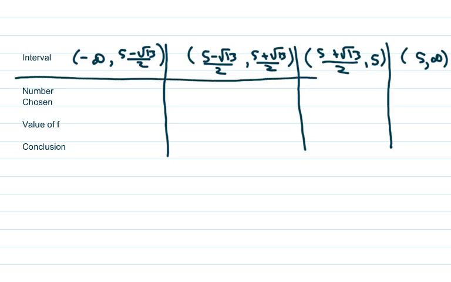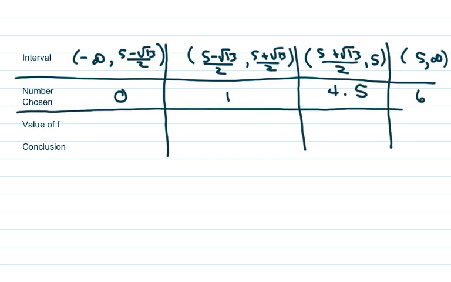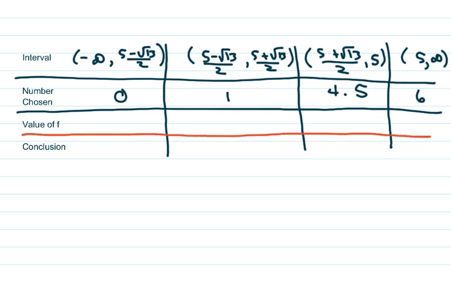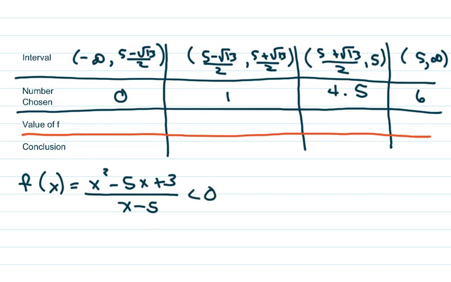The numbers I chose were 0, 1, 4.5, and 6. You might want to use the calculator on this. I used the calculator, and f of x again was x squared minus 5x plus 3 over x minus 5, and we want that to be negative.